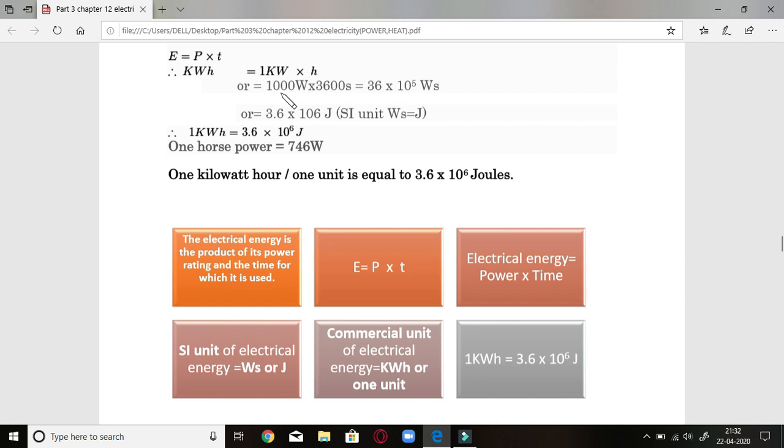So energy will be equal to 1000 watt multiplied by 3600 second. When we calculated, it came out to be 36 multiplied by 10 power 5 watt second, or if we place the decimal here, 3.6 multiplied by 10 power 6 joule. Therefore 1 kilowatt hour is equal to 3.6 into 10 power 6 joules.